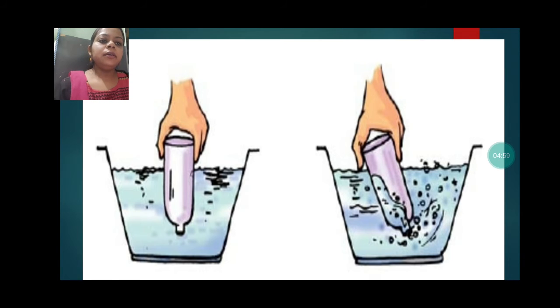So air occupies space. To prove that, you have to take water in a bucket and an empty water bottle. You have to immerse the empty water bottle into the water. You will see no air is passing, and water is not going into the bottle.